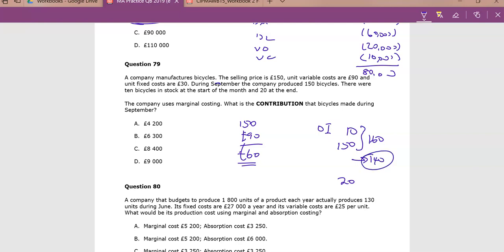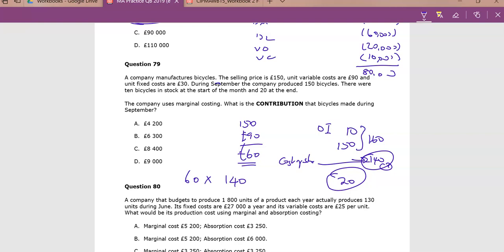When I say cost of sales, that's the number of bicycles that left to leave a closing inventory of 20. So our focus is on 140. The question asks what contribution you made in September. The contribution is based on 60 times 140, because that's how many bicycles left the shop, right?